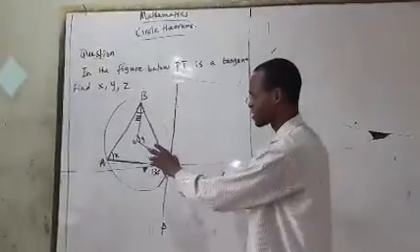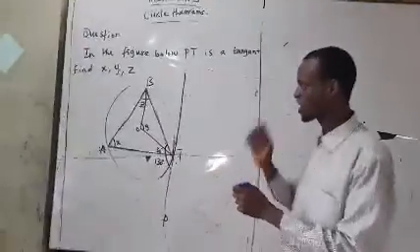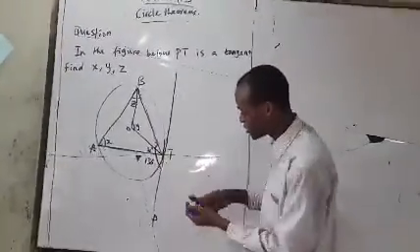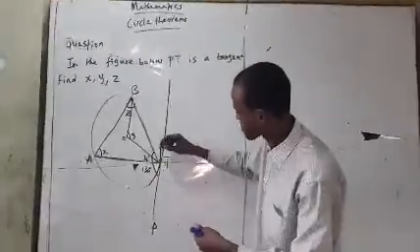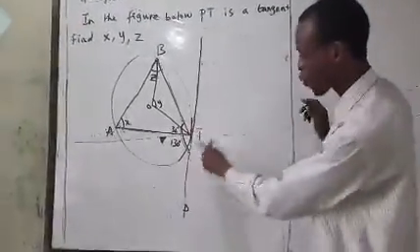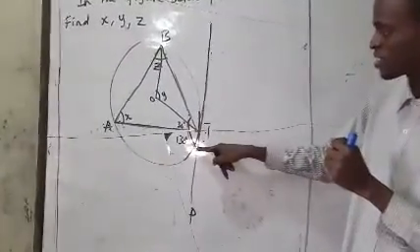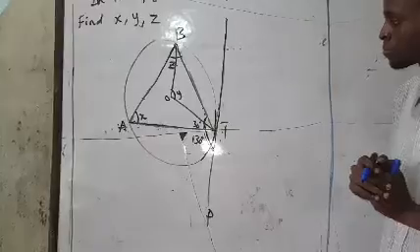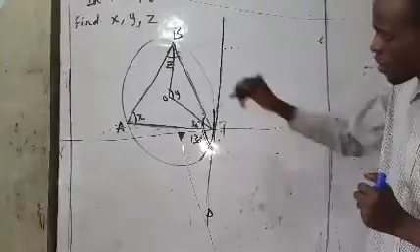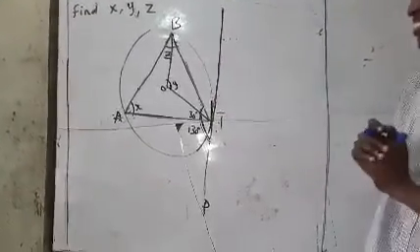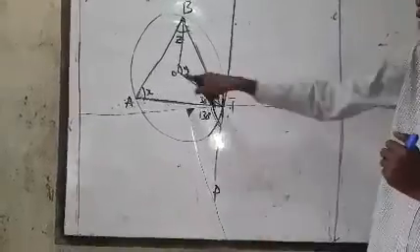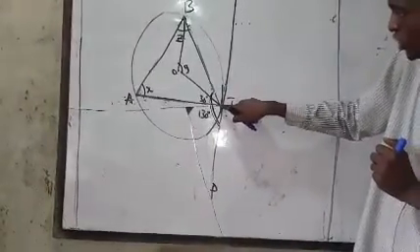How do we get y? That's the question. How do we get y? Now, the whole angle here is 130 degrees. That is, from this point to this point is 130 degrees. OT is the radius because it's coming from the center of the circle and touching the circumference.